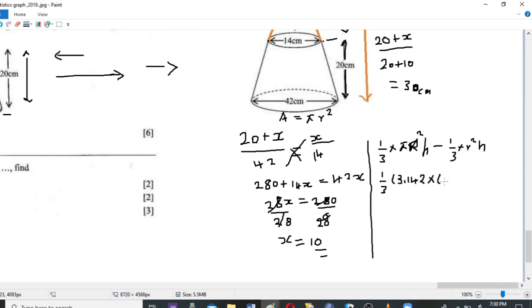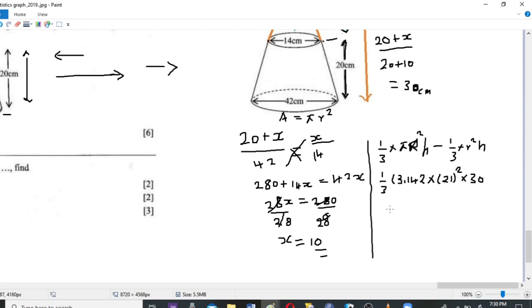The radius for the complete frustum is 42 divided by 2, which will give us 21 as our radius. Now this is squared, and then multiply by its height. The height for a bigger frustum, if we consider it to be a complete frustum, is 30 centimeters.